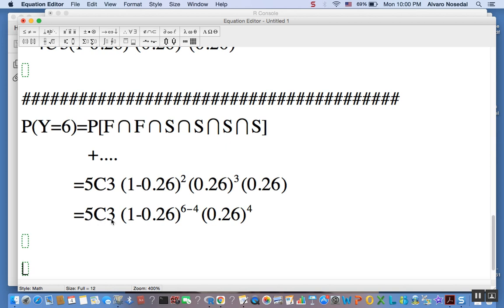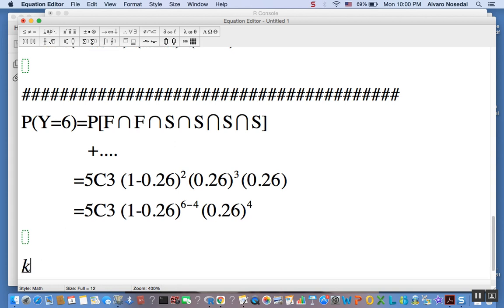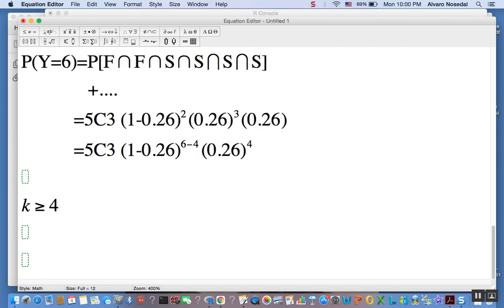That is the same as it was before. Now instead of a 5 like we had before, we have a 6, that 4 again, and that 4 again. So let's try and write the formula for the case when k is any number greater or equal to 4.